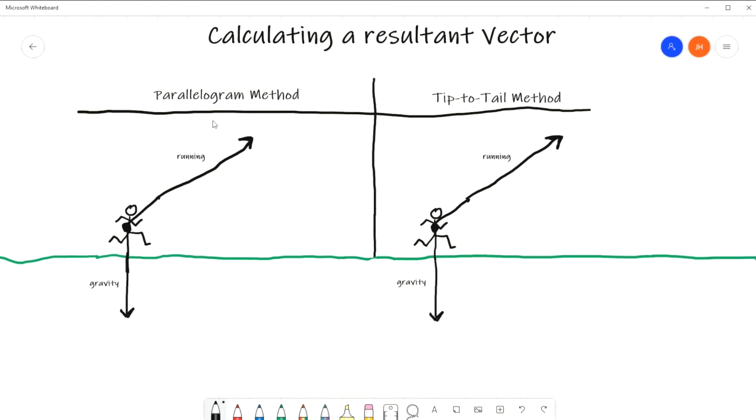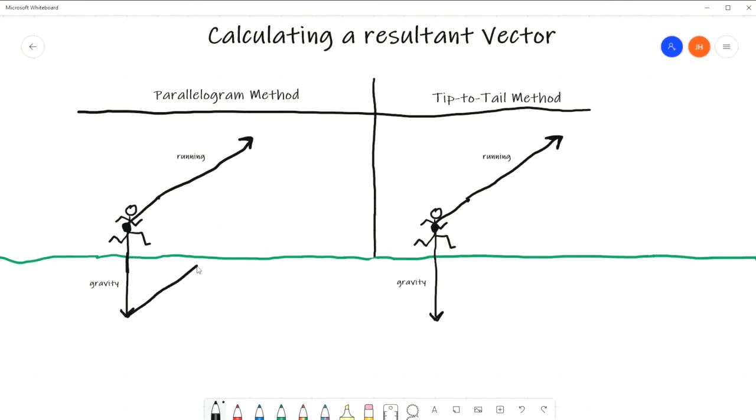So the parallelogram method: the idea is that if I have two vectors affecting myself while I'm running, here's me running, here's the ground. One is gravity, one is my legs pushing me to run. I can draw a parallelogram using both of these vectors. Remember, a parallelogram is a quadrilateral which has parallel sides.